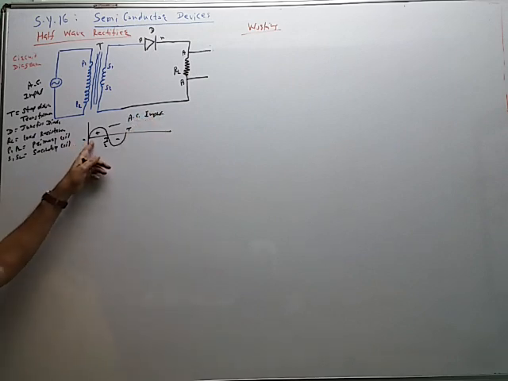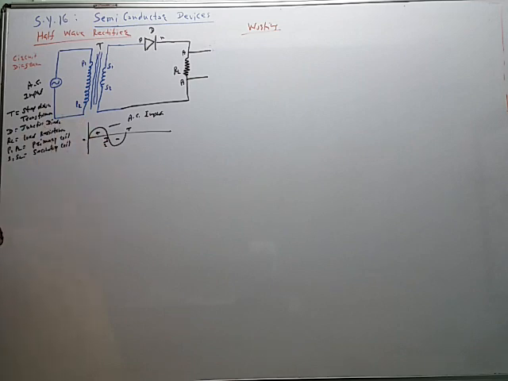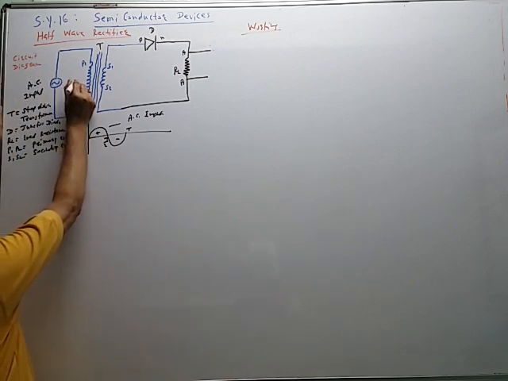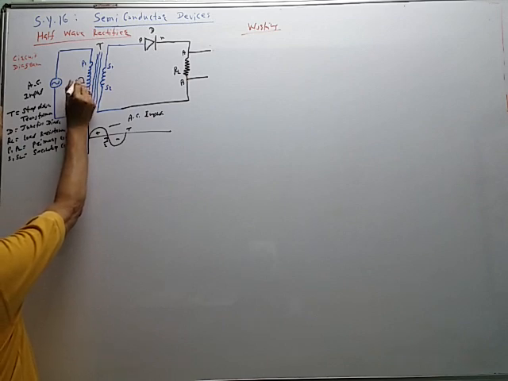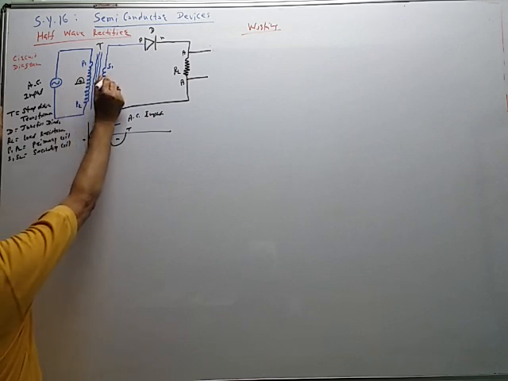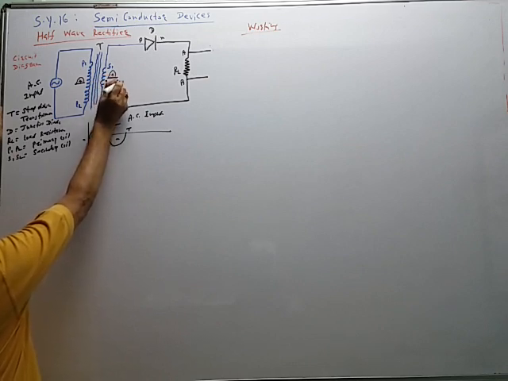So what happens in positive half cycle, what happens in negative half cycle, that now we want to see. So when positive half cycle is present here, there is also positive half cycle present here, 0 to T by 2.